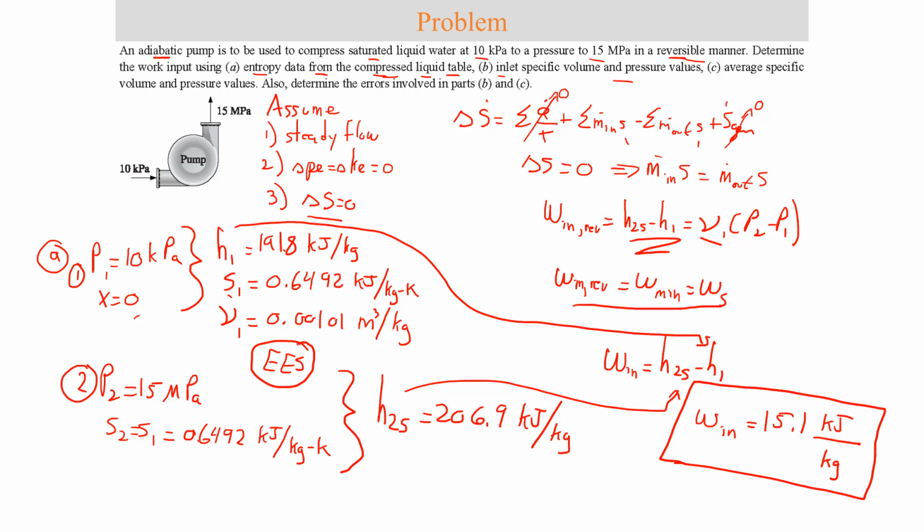Now part B is asking you to find the work done using the inlet specific volume and pressure values. This is the inlet specific volume. These are the pressure values. Again, the minimum work or the isentropic work of a pump can be computed using the change in enthalpy if the process were isentropic, or also as nu delta P. So for part B, the work in for the isentropic process is equal to nu going in times P2 minus P1.